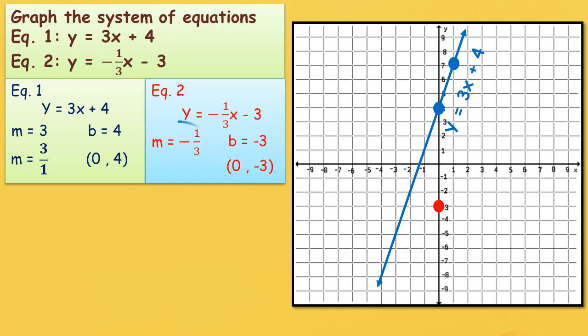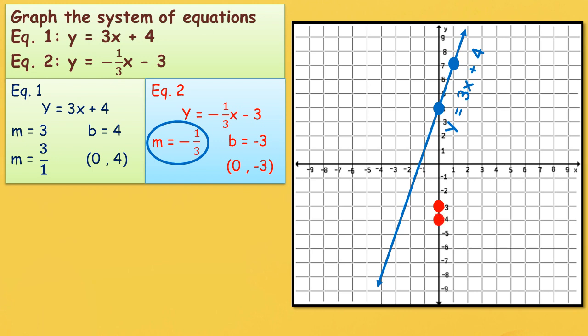From this point, let us use our slope, which is negative 1 over 3. Ang negative natin is the numerator. So, ang rise ay negative 1. Kung yan ay negative 1, is it going upward or downward? Okay, great. Kapag negative, yan ay papunta sa baba. So, negative 1, that is 1 unit downward.